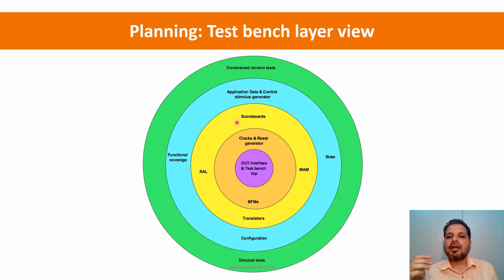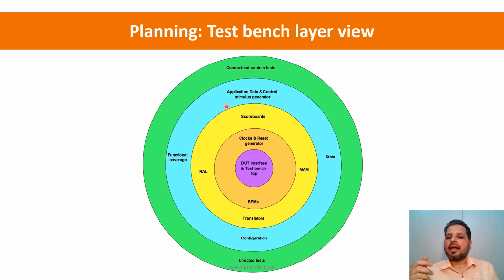At the third level, it builds on top of the transaction-level information you have created, and it is called a translator. Here you are taking a very high-level stimulus that might be coming in and translating it into a set of transactions, and those transactions can be taken by the BFMs and driven to the set of interface signals which the design understands.